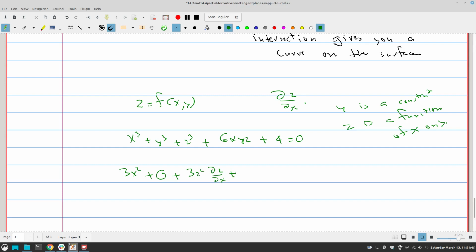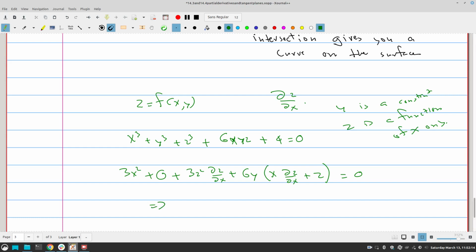And differentiate this with respect to x, you get 6y, and then you differentiate the product xz with respect to x, so you get x dz over dx plus z. And you differentiate 4 with respect to x, you get 0. And of course on the right hand side you have 0.